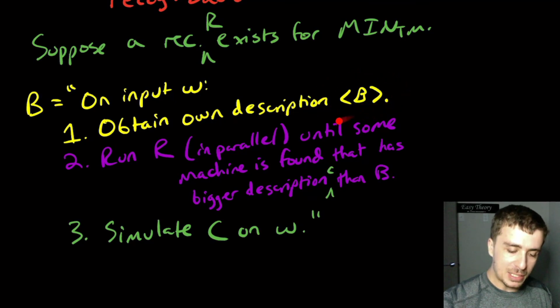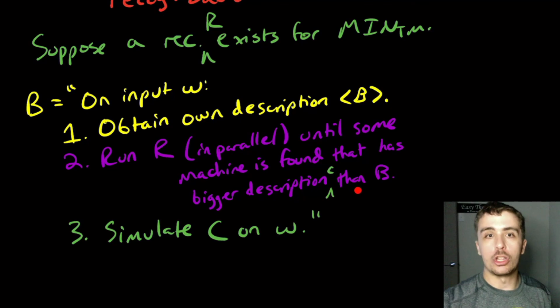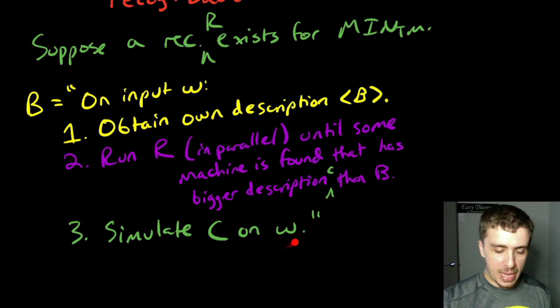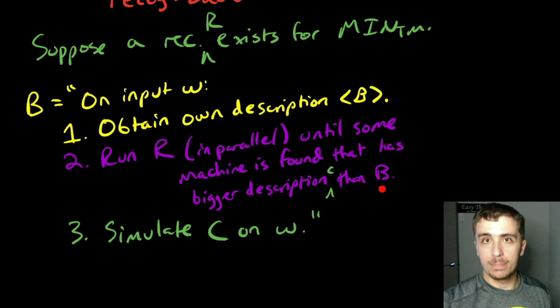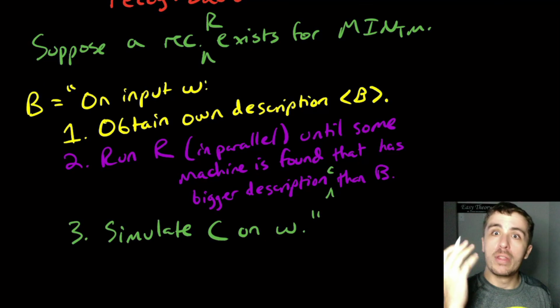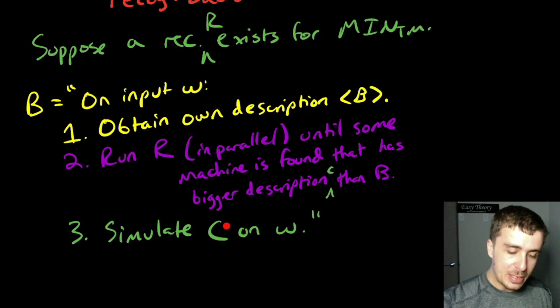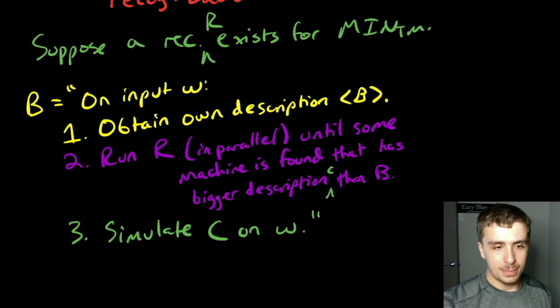That means that we're going to find a description that's longer than B, and so this C has a longer description than B. Why is that a problem?